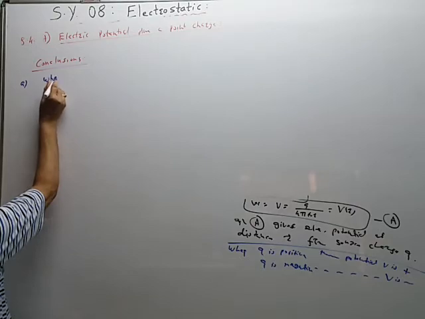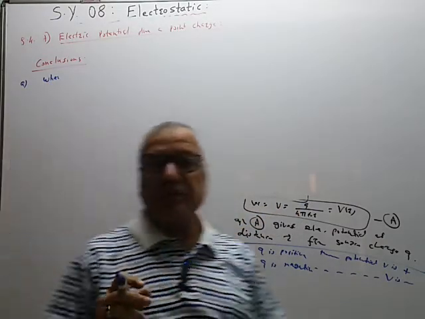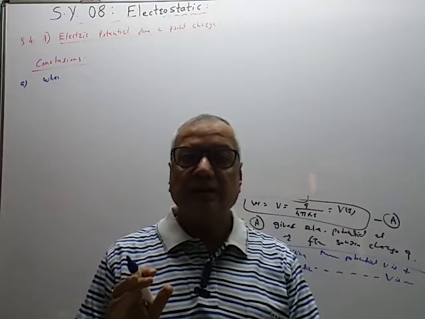When this Q is positive, we know that there are two types of charges, positive charges and negative charges.